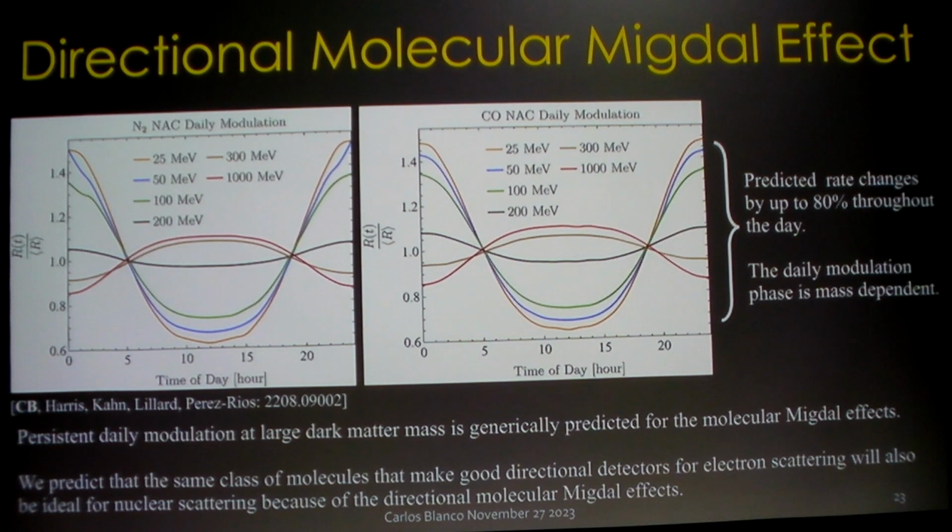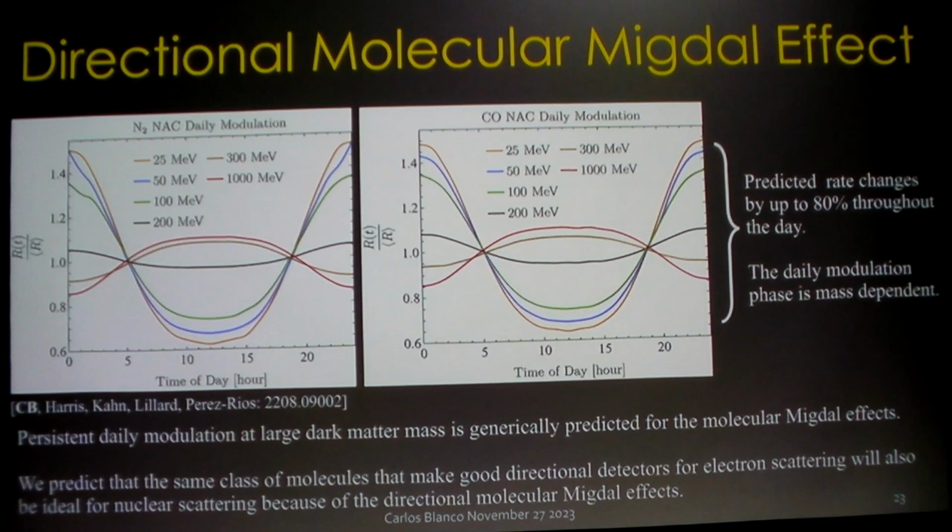Another thing that you get for free is that the molecular Migdal effect is also directional, because molecules aren't isotropic, and so you can make these similar daily modulation curves, and you'll notice something kind of subtle here. As a function of dark matter mass, the phase of the oscillation changes.